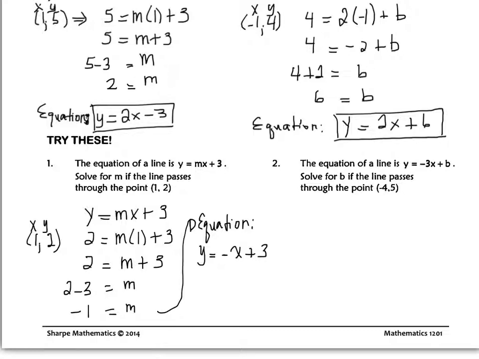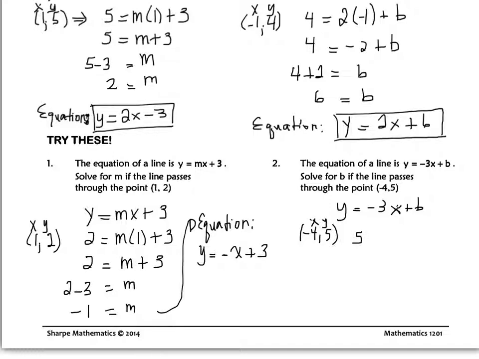In equation 2, you are told that the slope is negative 3, and that's plugged in for you already, and you have to use your point to help you find the y-intercept. So your point is (-4, 5), again x, y.